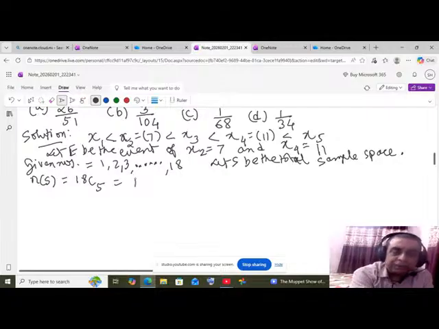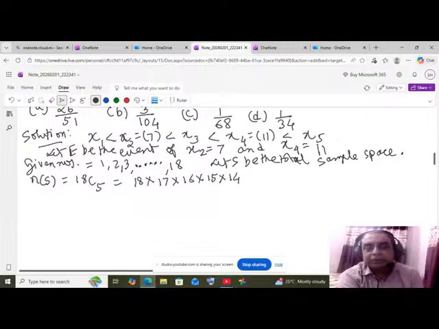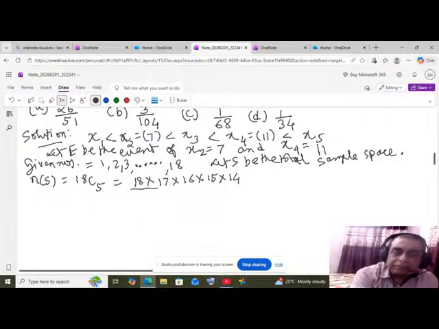So what is the value? It is 18 times 17 times 16 times 15 times 14, five numbers in descending order starting from 18, multiplied together and divided by 1, 2, 3, 4, 5.